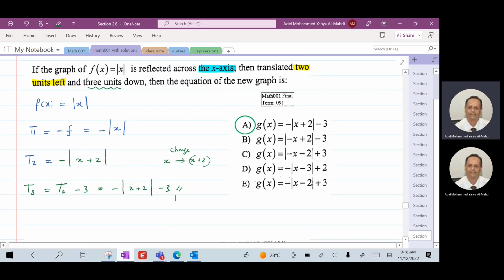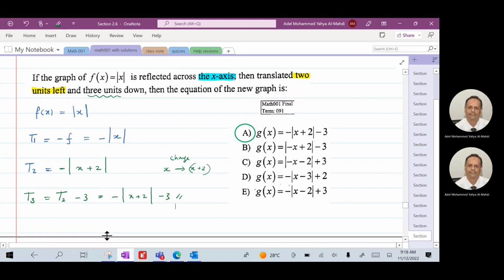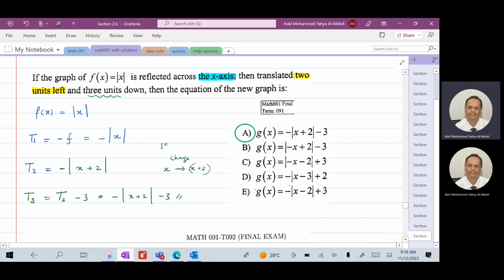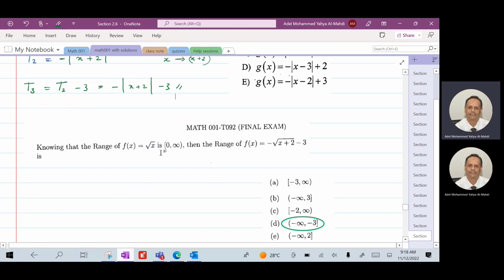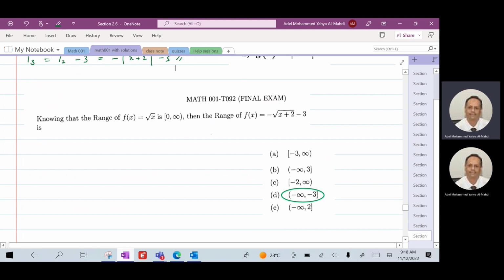Let me show you again, have a look at this one. This question is about the domain and then finding the range of this function. We need to find the range of f.